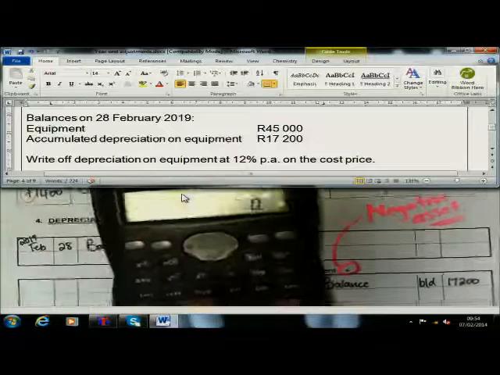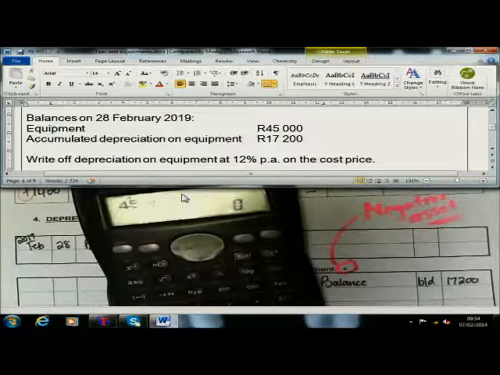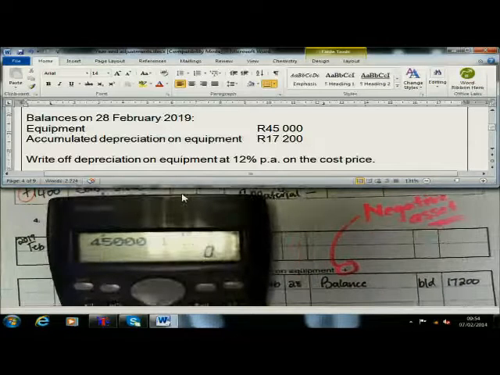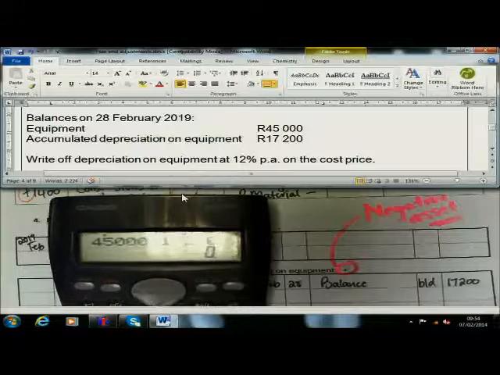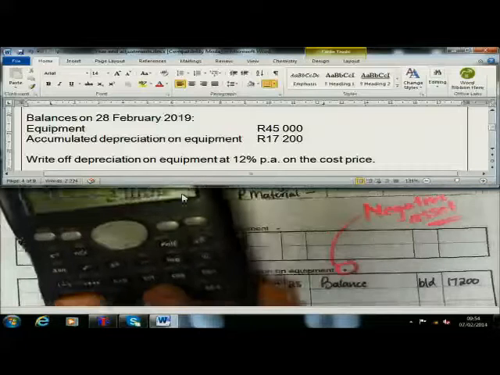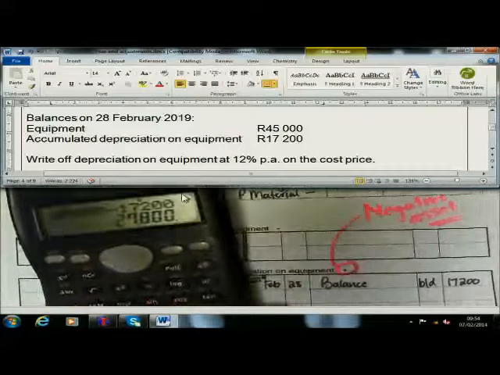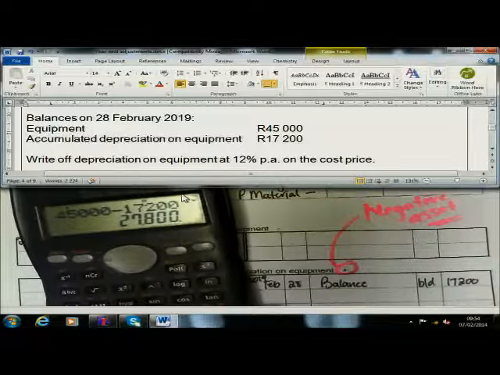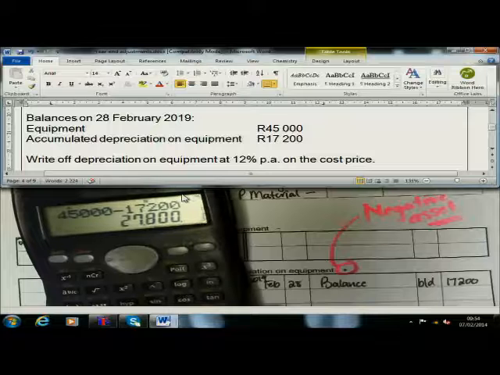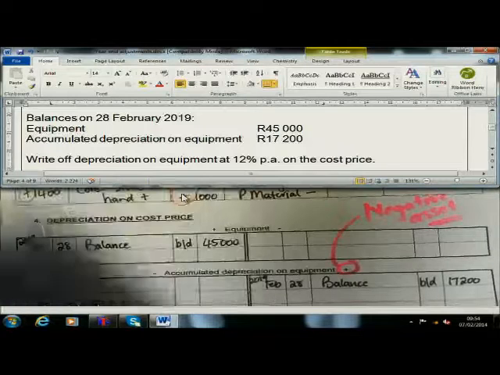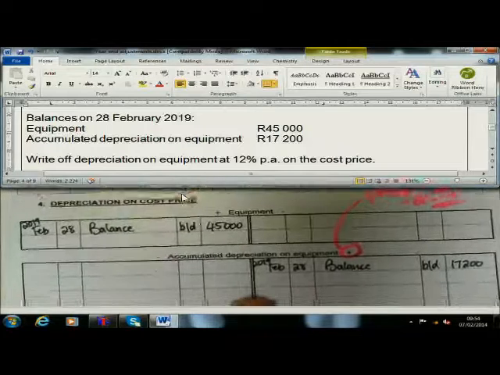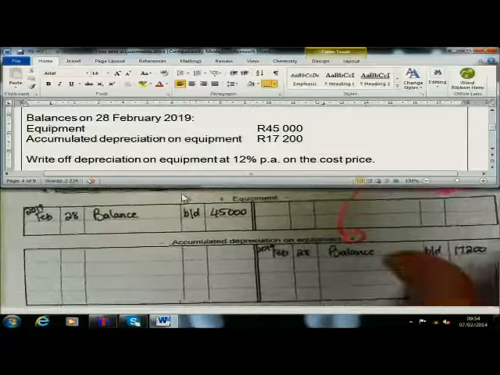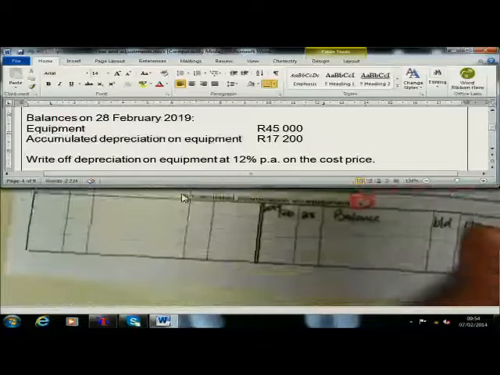So at the moment, 45,000 minus 17,200, this is what our equipment are worth at the moment in our books. Okay? 27,800, because we took the cost price and we subtract the accumulated depreciation. Now they ask us to work out depreciation at 12% on cost.